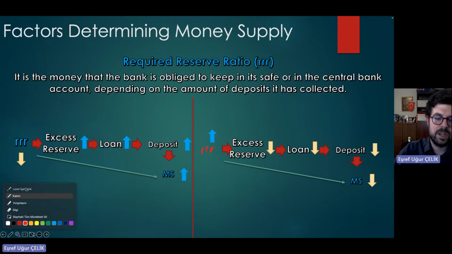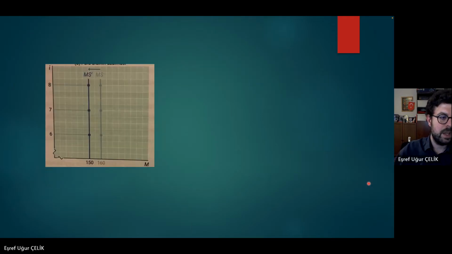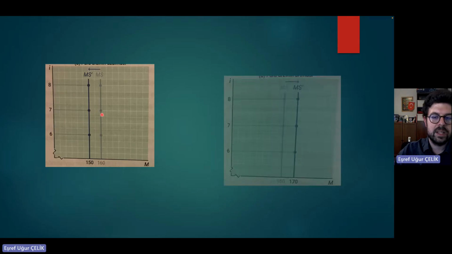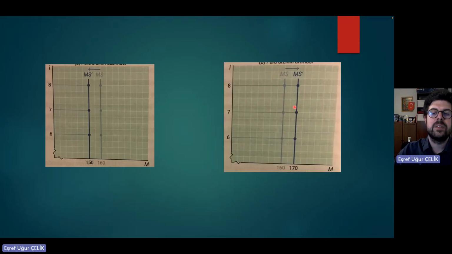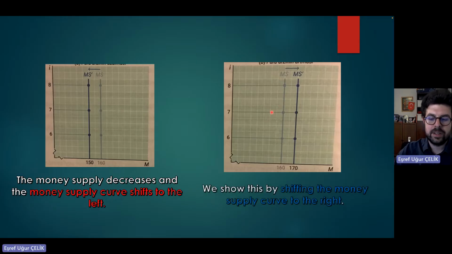When the required reserve ratio becomes higher, the money supply becomes lower. That is the shape of a decrease in money supply, and that is the shape of an increase in money supply. The decrease in money supply is also called a shift to the left, and for the increase, the money supply shifts to the right. Okay.